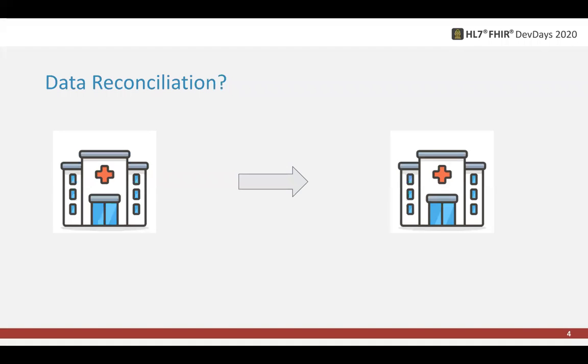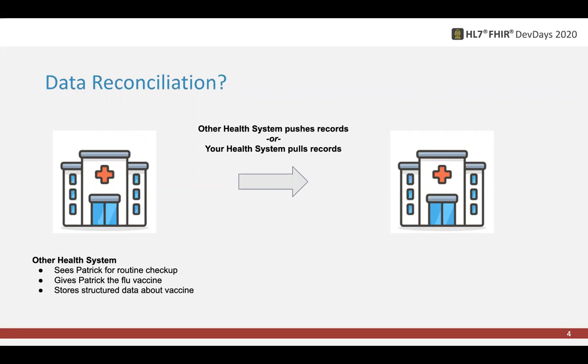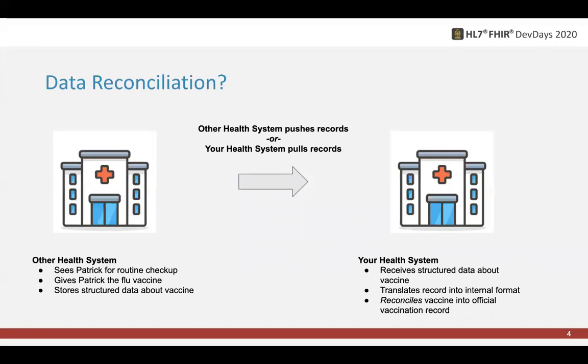To put this a little more concretely, if some health system goes and sees me for a routine checkup and gives me the flu vaccine, it's going to store structured data about that vaccine: what day it was, what vaccine it was, maybe who gave it, what the lot number of the vaccine was. Your health system will either push that record or pull that record, but suffice to say you are going to get that record and receive that structured information about a vaccine.